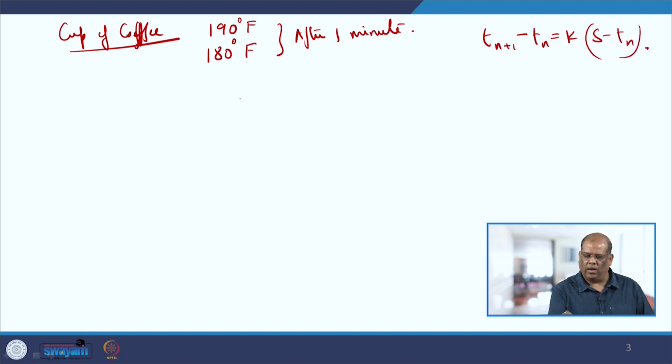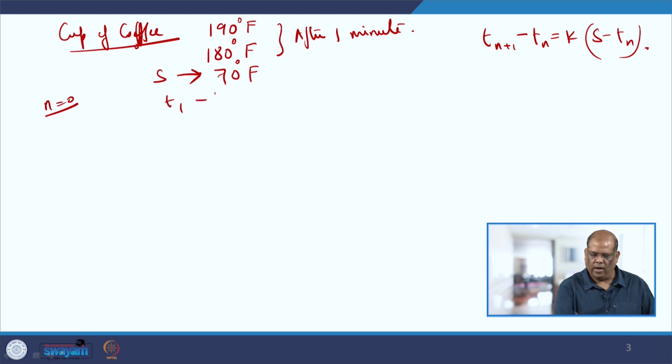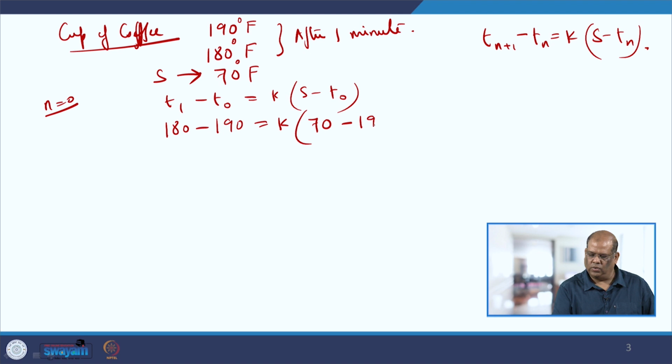In this particular case, S is the surrounding temperature or the room temperature, which we take as 70 degree Fahrenheit. Now, I put say n equal to 0. So, you get T1 minus T0 is equal to K times S minus T0. So, your T1 was 180, your T0 initially is 190, K you do not know, S is 70. So, you get this particular equation, you can just solve it.